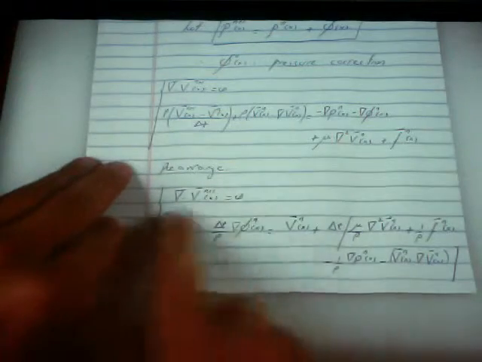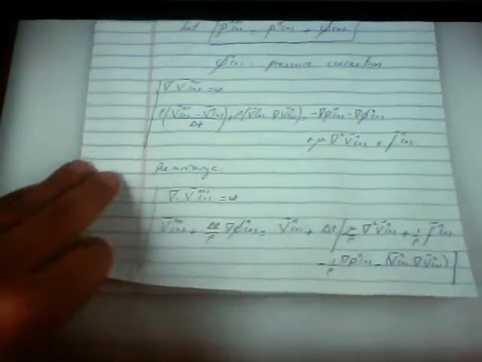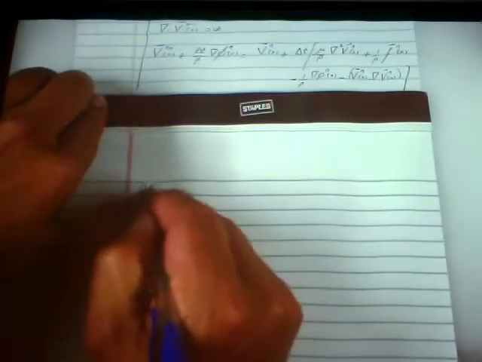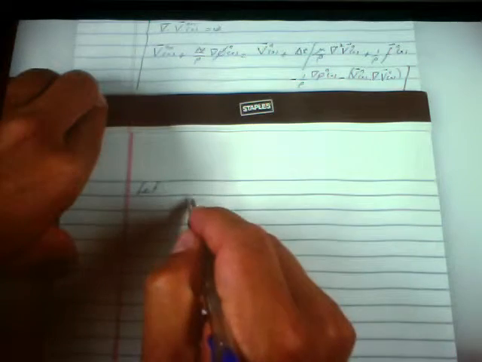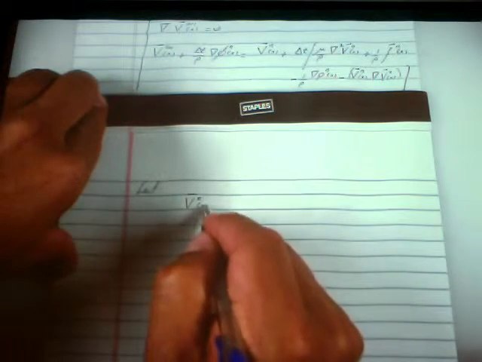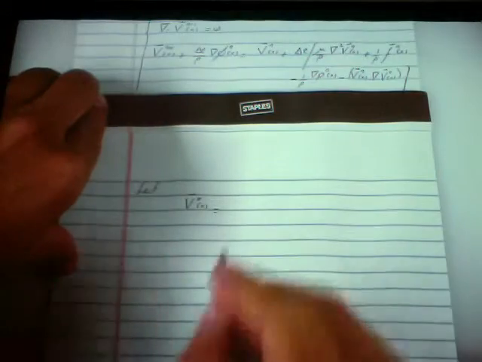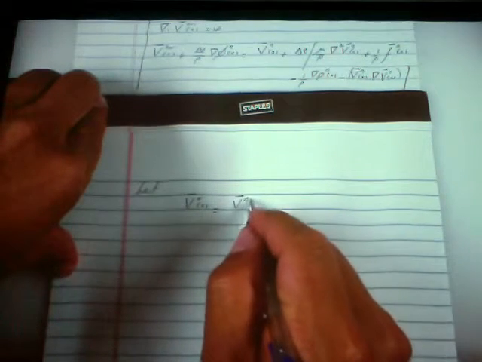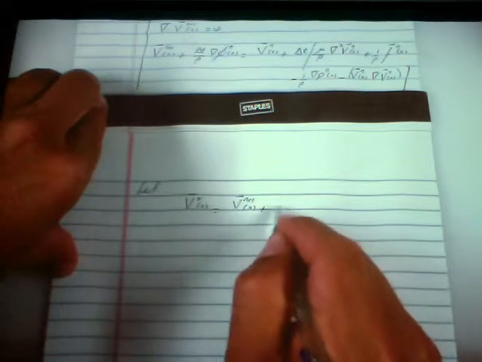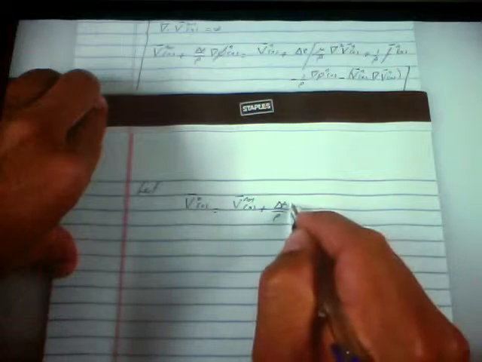It's not directly V, but it's V plus this. Now what we're going to do is take that left-hand side on the second equation and let V star equal V at n+1 plus delta t over rho times the gradient of phi.